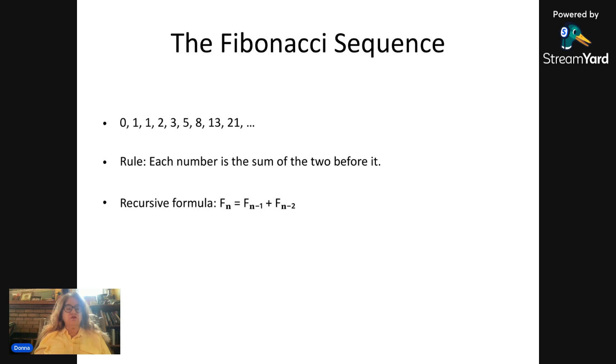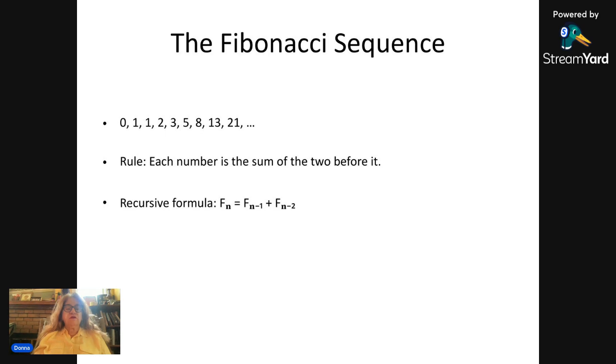So 0 plus 1 is 1, and then you would add the other two, which is 1 and 1 is 2, and then the last two would be 1 and 2 is 3, and 2 and 3 is 5, and so on. So the rule with language or with text is that each number is the sum of the two before it, and then we would talk algebraically about how to create a recursive formula.